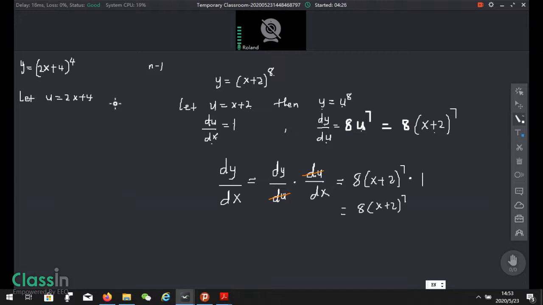If u is 2x plus 4, then clearly y will be u to the power 4, because 2x plus 4 is u. So y is u to the power 4.